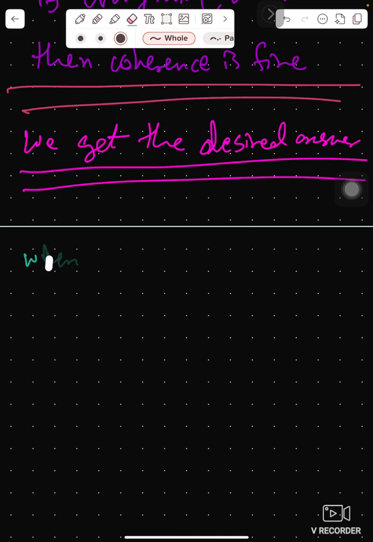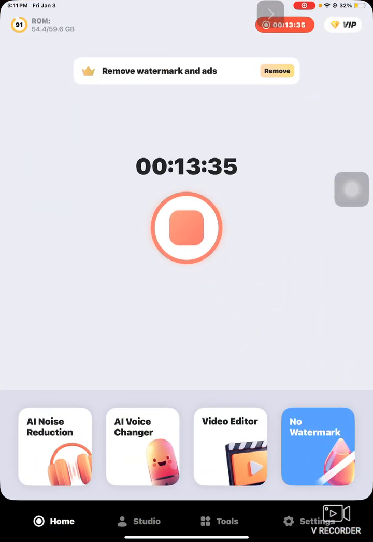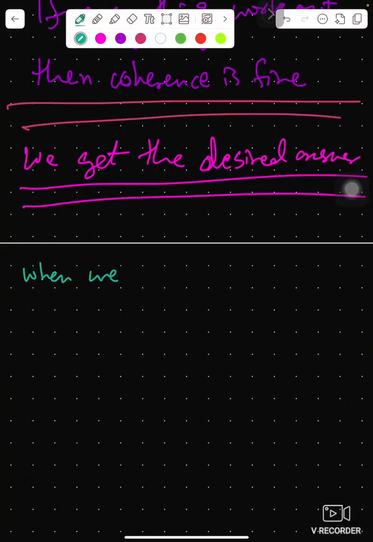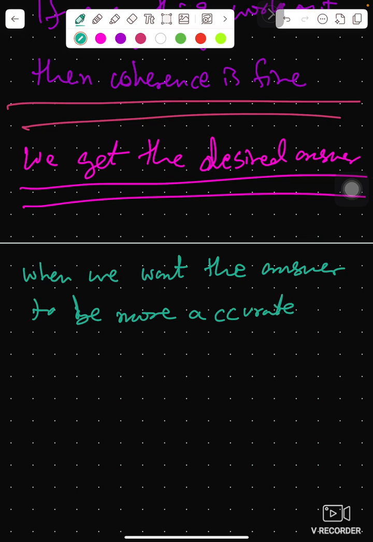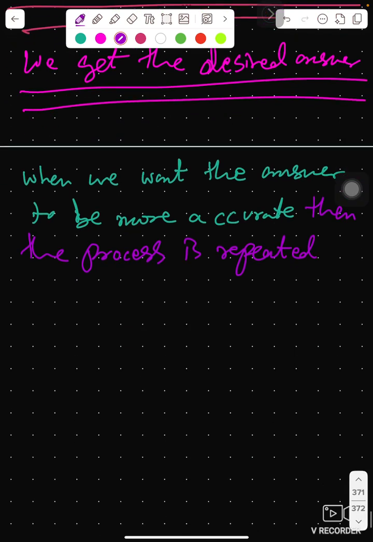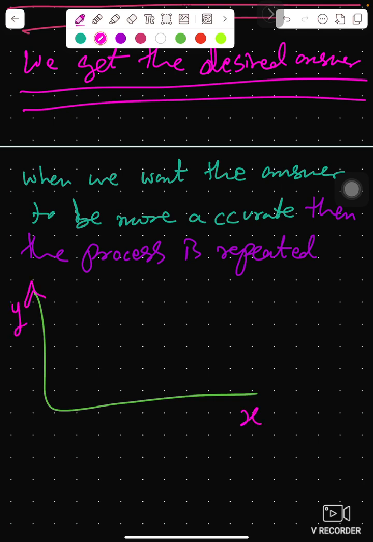When we want the answer to be more accurate, then the process is repeated. Meaning, suppose this is just a state, imagine, and this is a starting state, and this is the state we want.